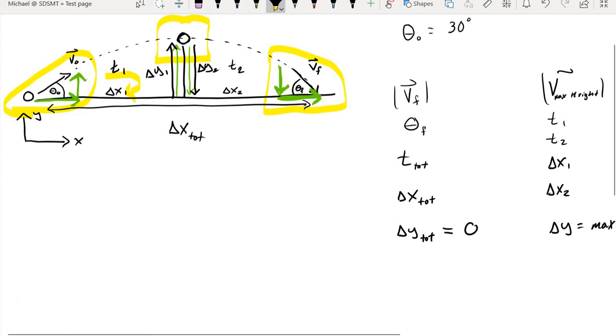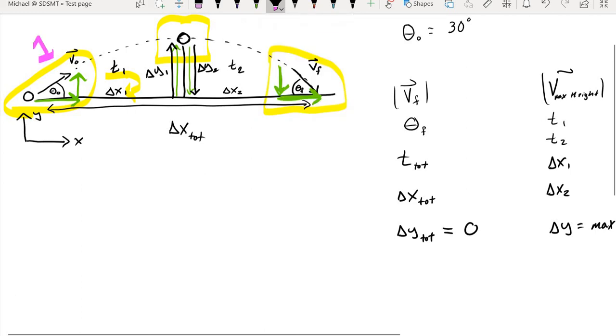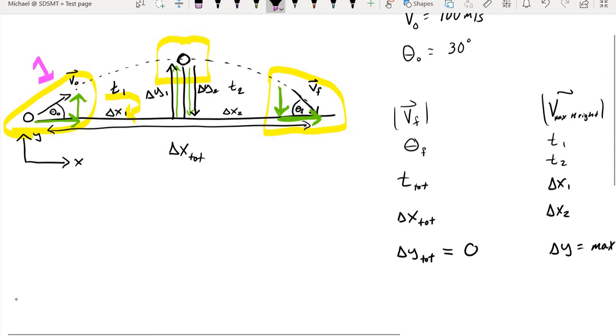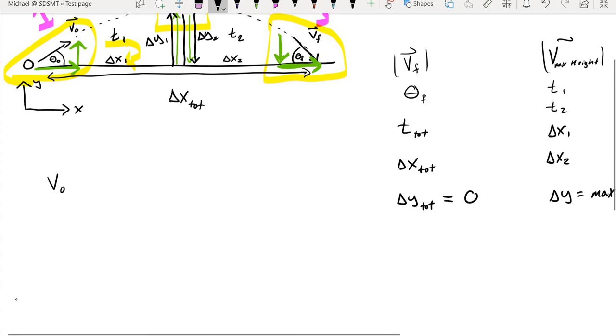And so what I need to do is set up my kinematic equations with respect to these three different locations. I have an initial location, I have a max height, and I have a final location. There are three different locations where I can apply the mathematics. And the kinematics, let's say we take this kinematic equation right here.